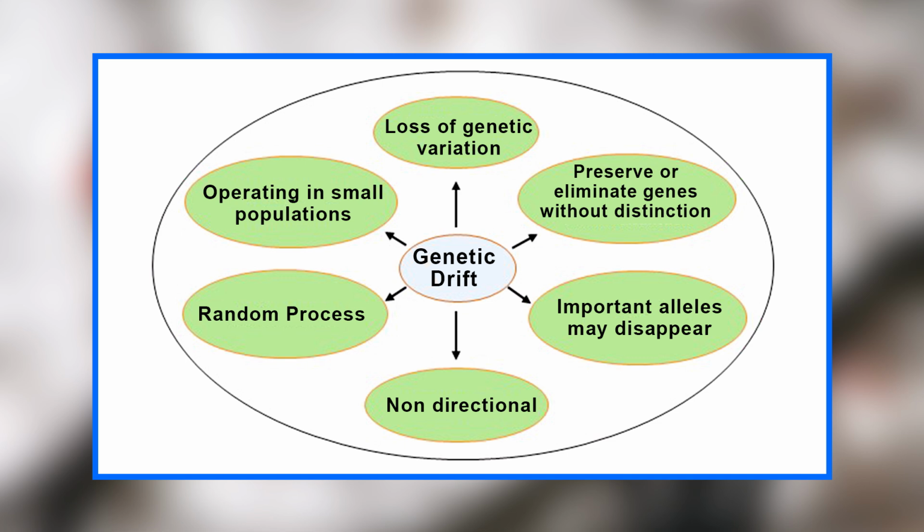Genetic drift can result in genetic traits or characters being lost from a population or becoming widespread in a population without respect to the survival or reproductive value of the alleles involved. These changes are non-directional, that is, they are not under the influence of natural selection.